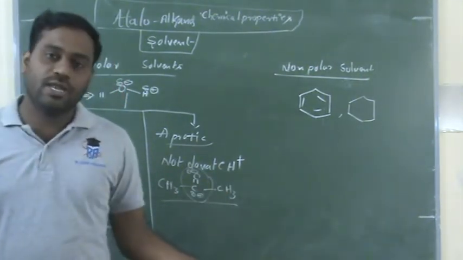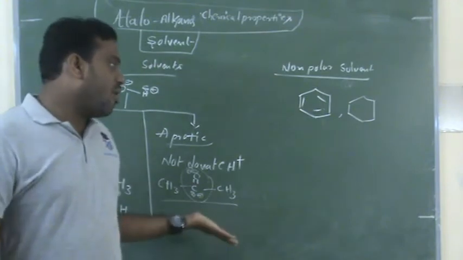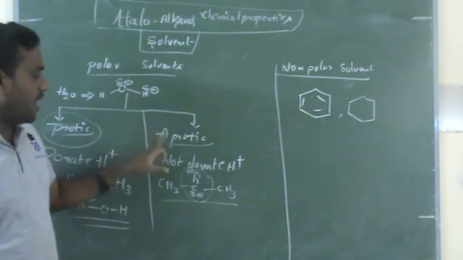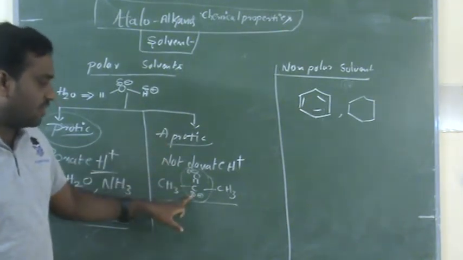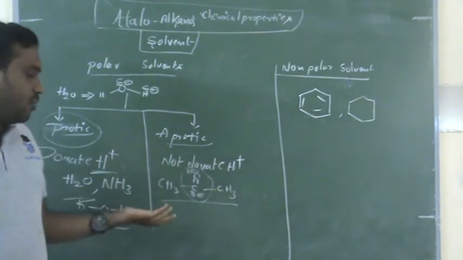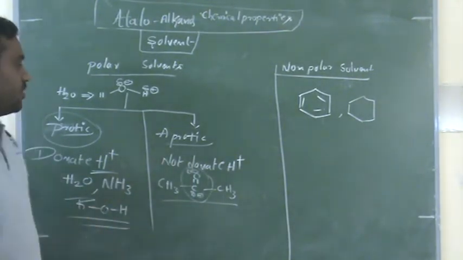That's why it is polar aprotic. There is a partial positive charge and a partial negative charge, but it can't donate H plus ions.